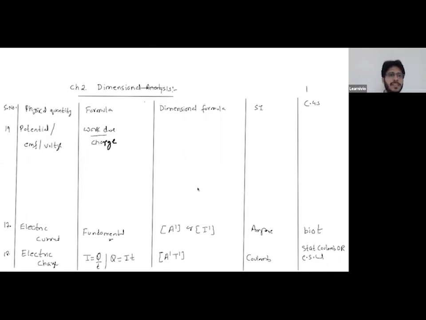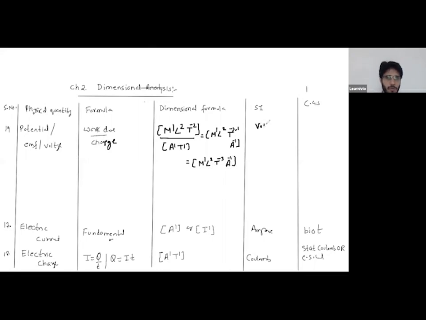Electromotive force. Basically, EMF of cell like 10 volt, 20 volt cell. So the ratio of work done and charge. Work done is M1 L square T minus 2 divided by charge, which is A1 T. So the combined is M1 L square T minus 3 A minus 1.